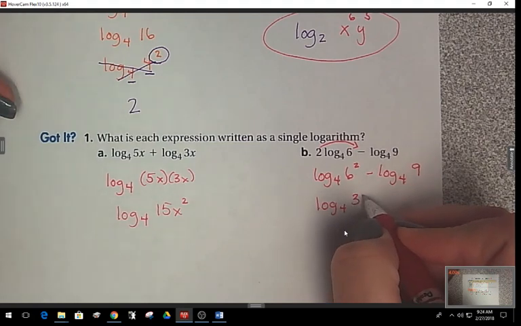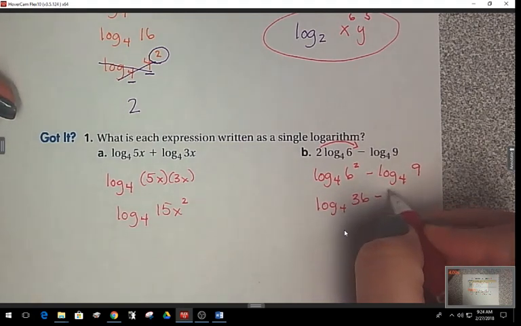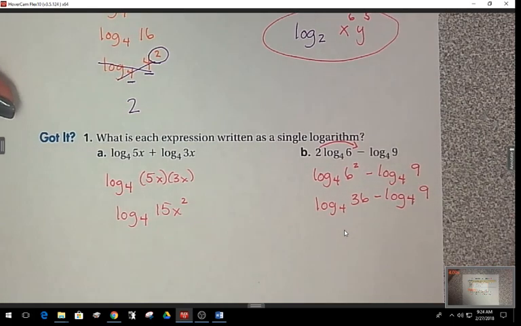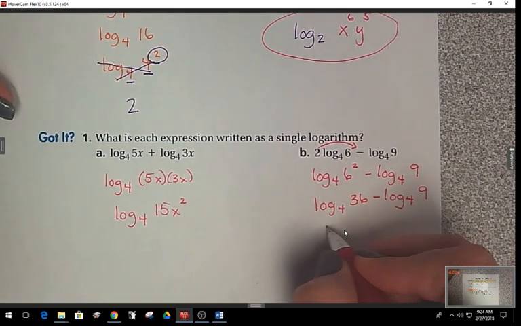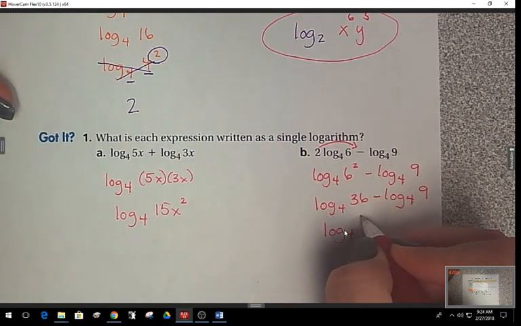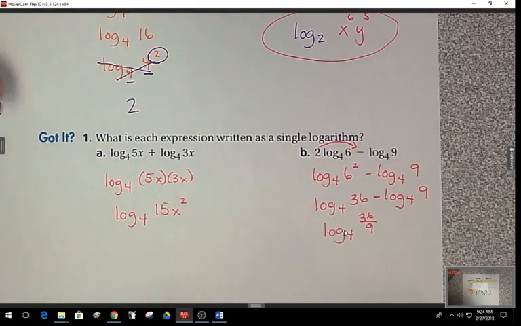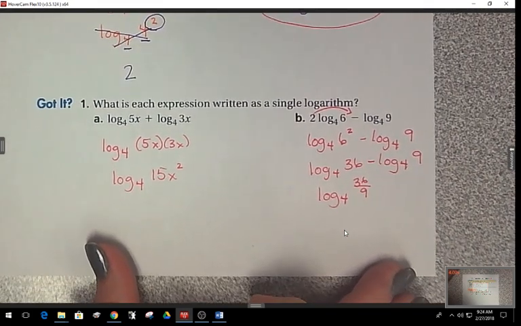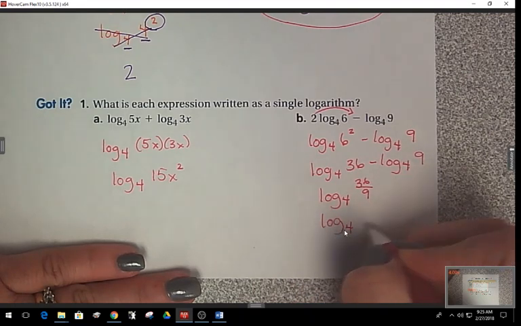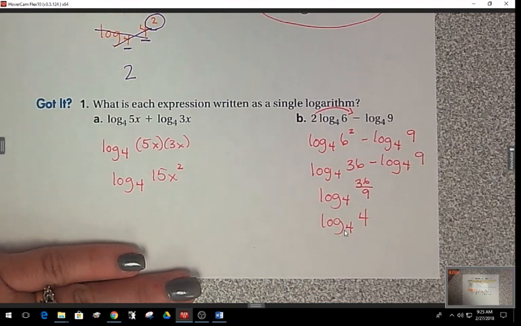So I have log base 4 of 36 minus log base 4 of 9. Because this is a subtraction problem, we're going to put it together and put the first one over the second one. So that will give me log base 4 of 4.